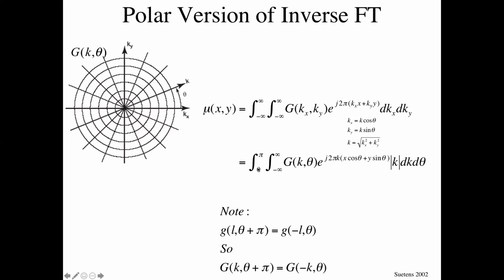So we integrate theta from 0 to pi, and k from minus infinity to infinity. And we change the argument in the exponential of the inverse Fourier transform by this relationship to go into polar coordinates. So this is our original k vector, and this is what it is in polar coordinates.